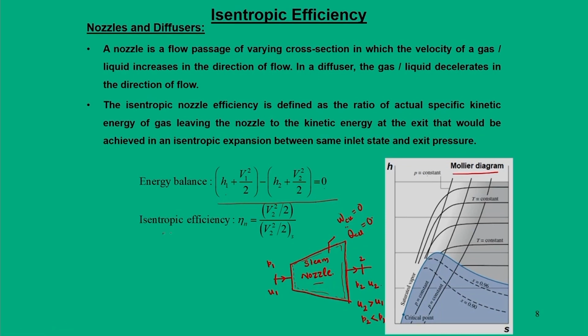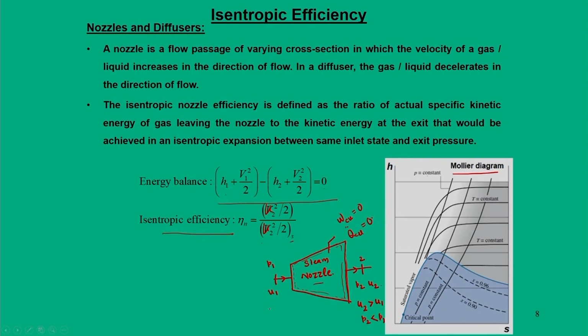Now, the isentropic term is defined thus: if the gas has not expanded to its full capacity for generating the velocity, then it will land up having a velocity, in this case we can write U2 square by 2 for an actual process, and U2 square by 2 for the isentropic process.